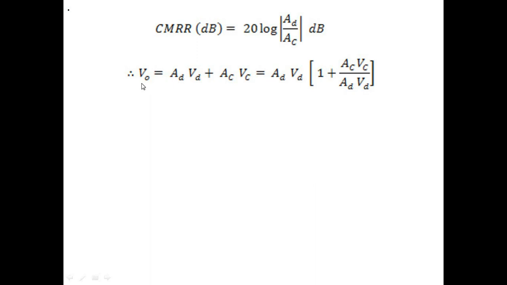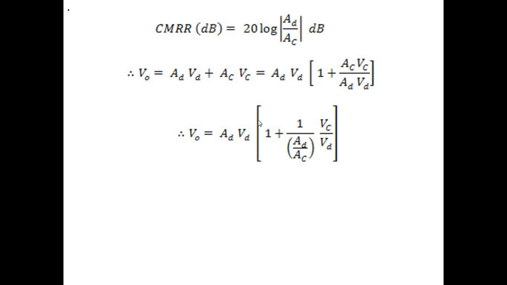We also know the formula for the total output voltage, which is equal to the differential plus common mode: ADVD plus ACVC. You take ADVD as common: ADVD into 1 plus ACVC by ADVD. Again, from the denominator, you bring this AC into the denominator side: VC divided by AD by AC into VD.